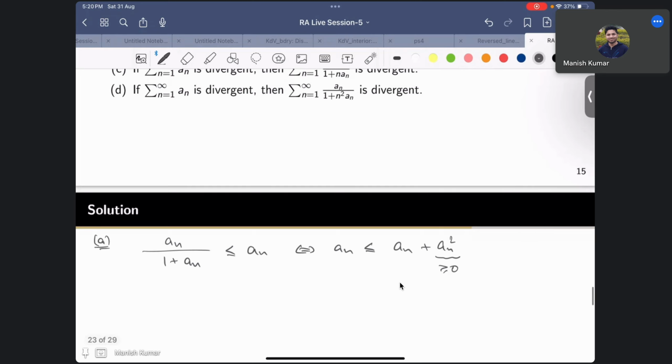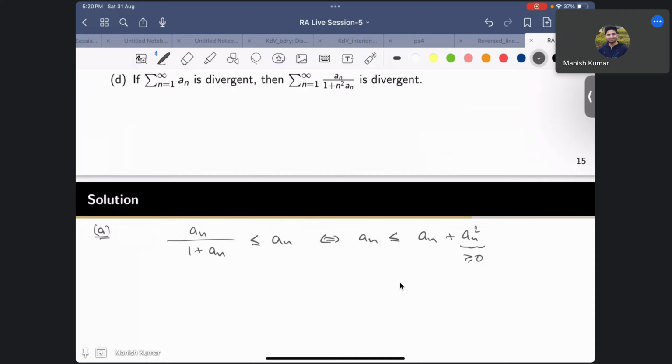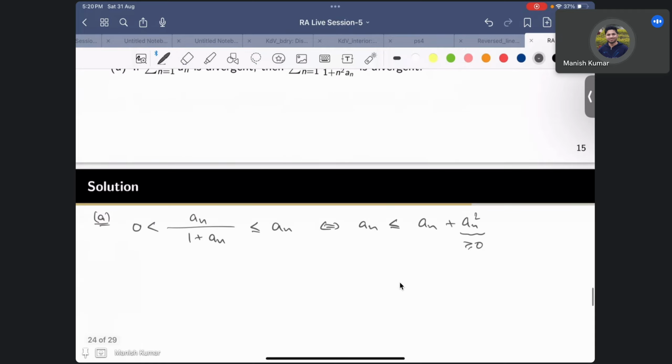Moreover, what we have is these are positive, and we know, so this would imply that 0 is less than summation n upon 1 plus n. Okay, I can put equal to here because I don't know how it converges, so it's better to put equal to.